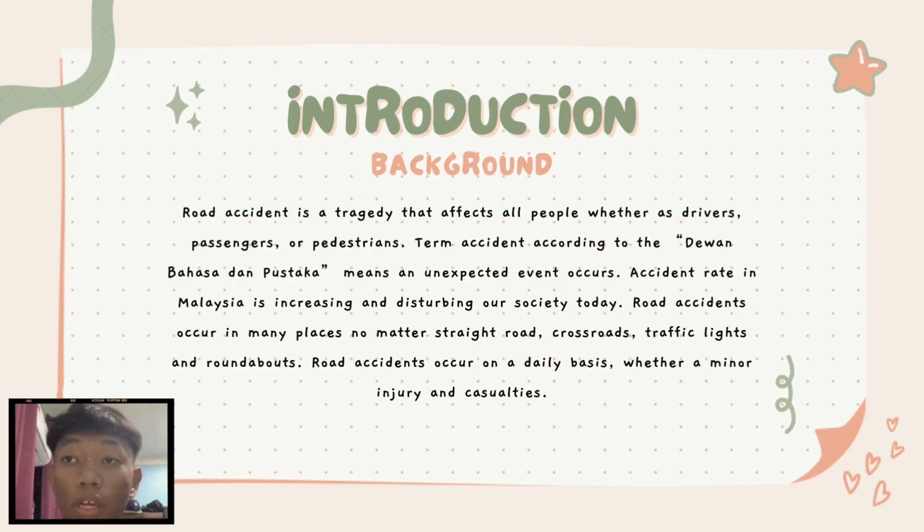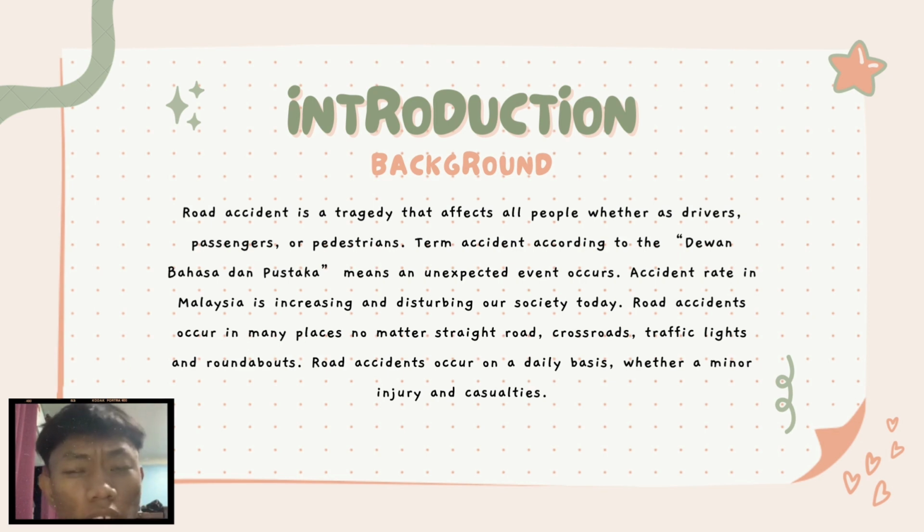Next, we go to the introduction. In the introduction we have background, problem statement and objective. The background is that road accident is a tragedy that affects all people, whether as driver, passenger or pedestrians. The term accident, according to the Dewan Bahasa dan Pustaka, means an unexpected event occurs.